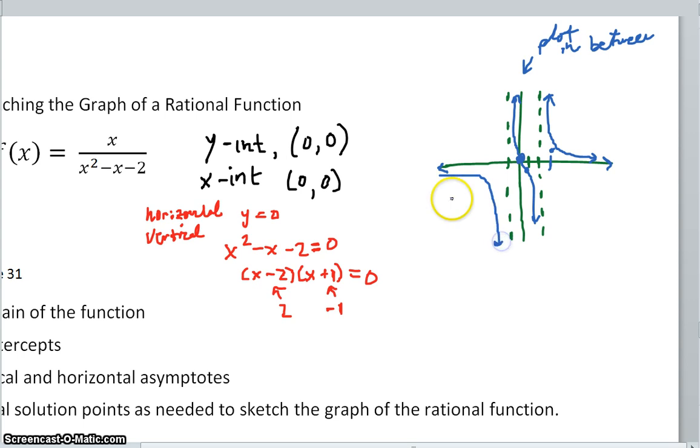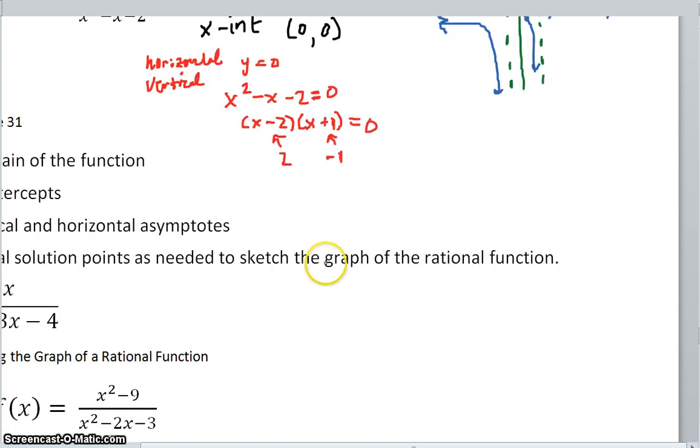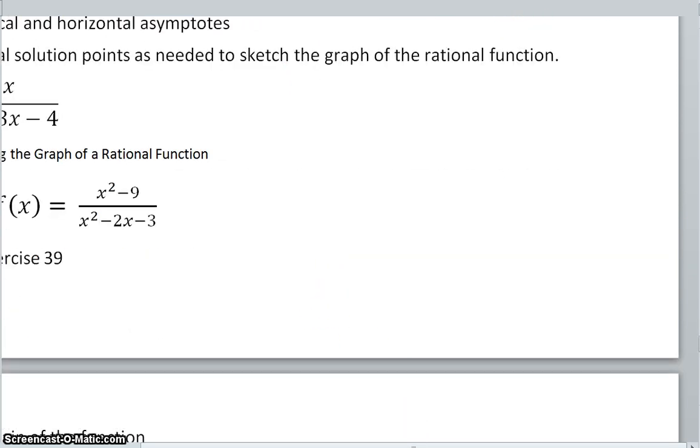But my suggestion is that you should plot on all sides of any asymptotes, the vertical ones, to get an idea of what the shape looks like. Okay, now if you want an actual nice picture of this, then I would go to the book to look at it nice and clean.